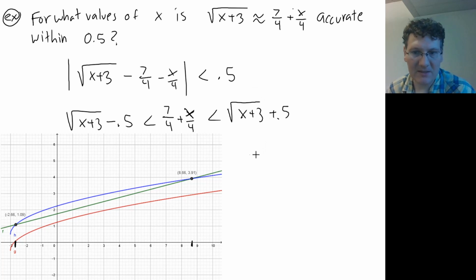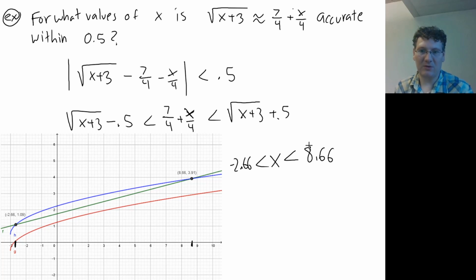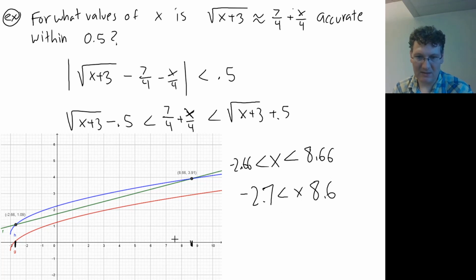So as long as x is between roughly negative 2.66 and 8.66, or if we wanted to be a little more cautious, between negative 2.7 and 8.6. We can go in just a tiny bit on either side to be extra cautious.